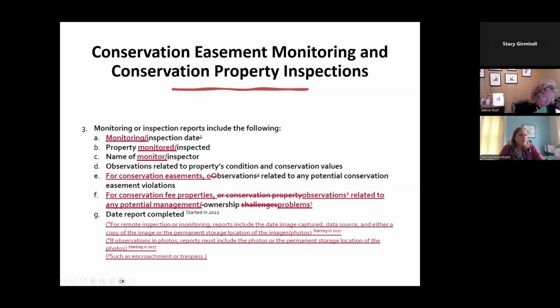The other aspect that we clarified in here is that if photos are taken during a monitoring inspection, people are out there taking lots of really great photos of properties and documenting those conditions. But particularly when those photos are related to violations or those management or ownership problems, they are essential to building the data and record you need to enforce or uphold your properties.